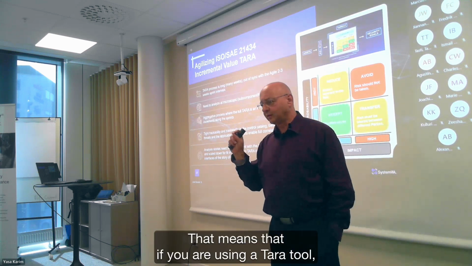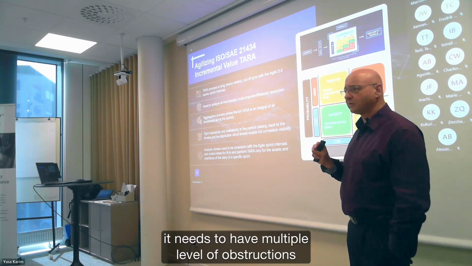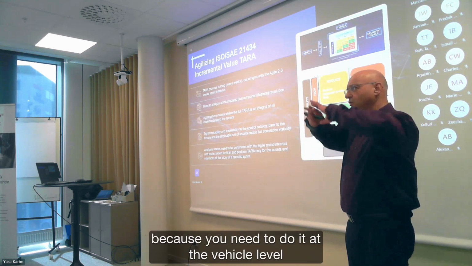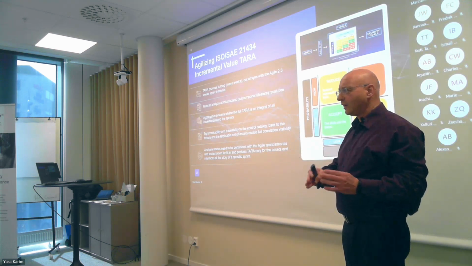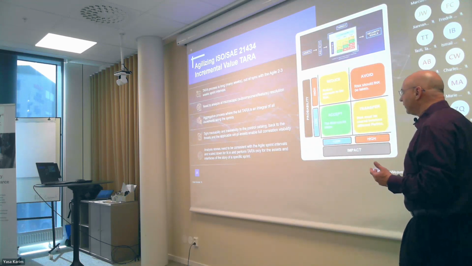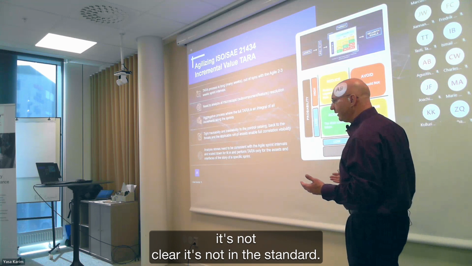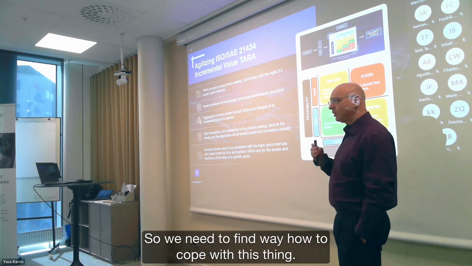That means that if you are using a TARA tool, it needs to have multiple levels of abstraction, because you need to do it at the vehicle level, and you need to do it at the sprint level, and at the module level. So this is something which is not out of the box. It's not clear. It's not in the standard. So you need to find a way how to cope with this thing.